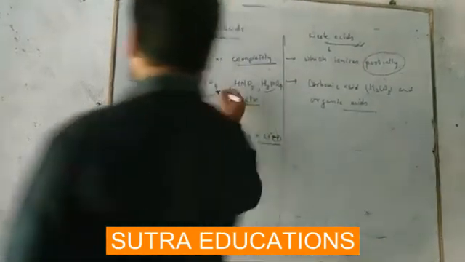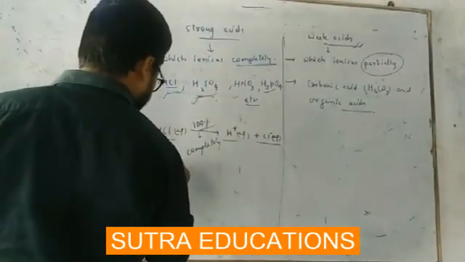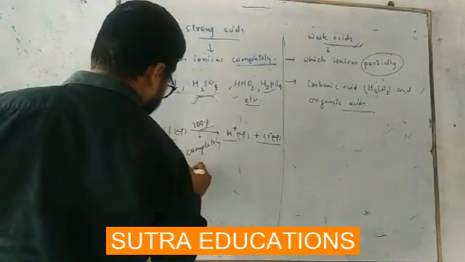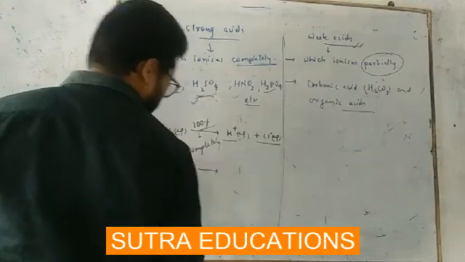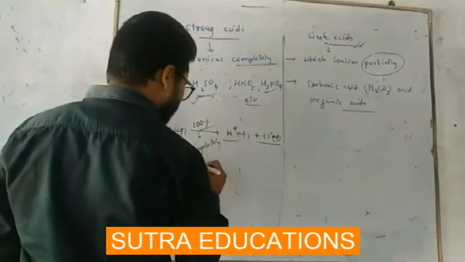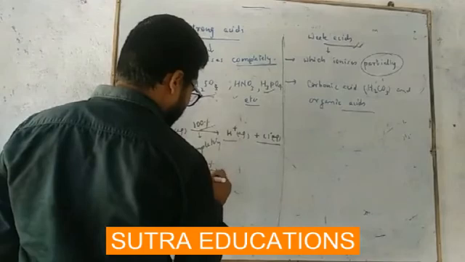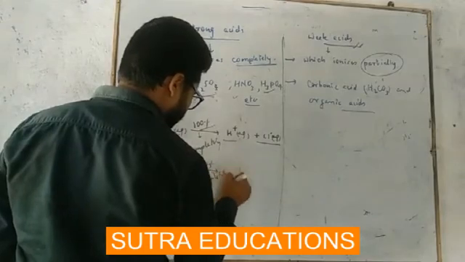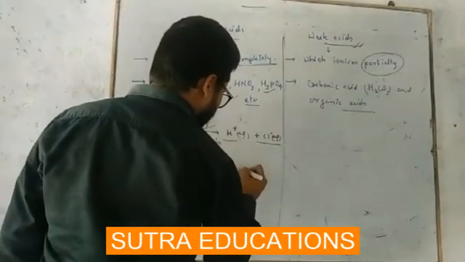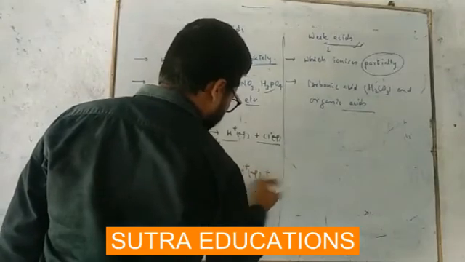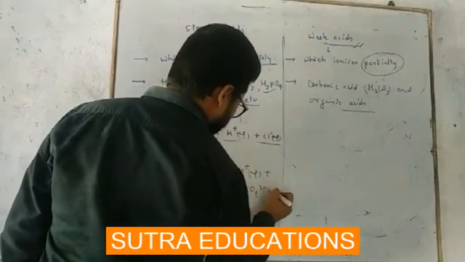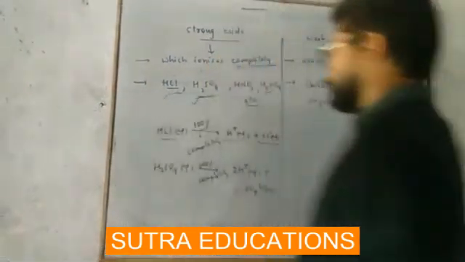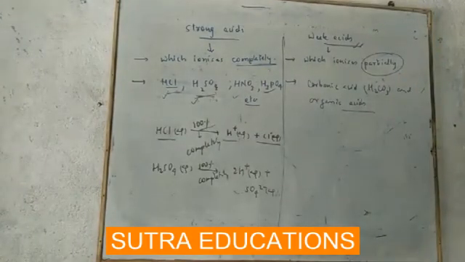If it is H2SO4 dissolved in water, again it ionizes 100%, completely, and it produces 2H plus aqueous plus SO4 2 minus. So these are strong acids.